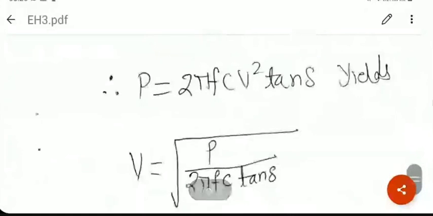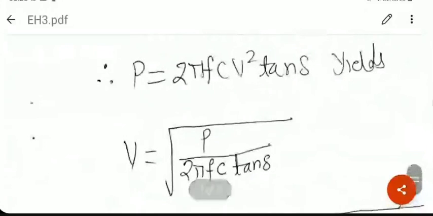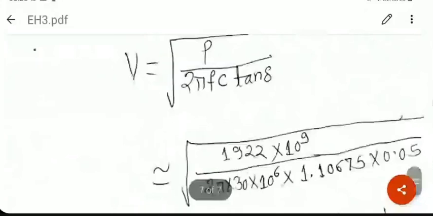Yeah, that's the equation. So V is given by this formula, square root of P divided by 2 pi Fc tan delta. Plug in the values, 1922, 2 pi F is 30 into 10 to the power 6.